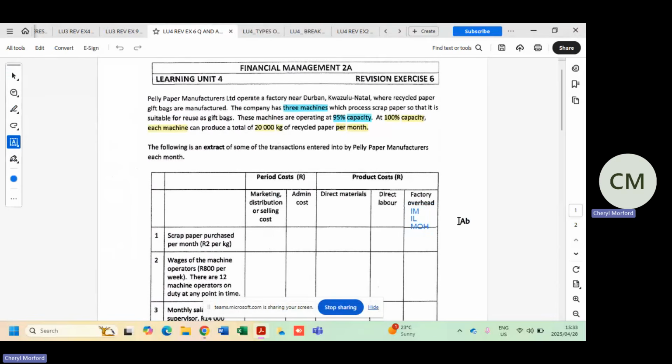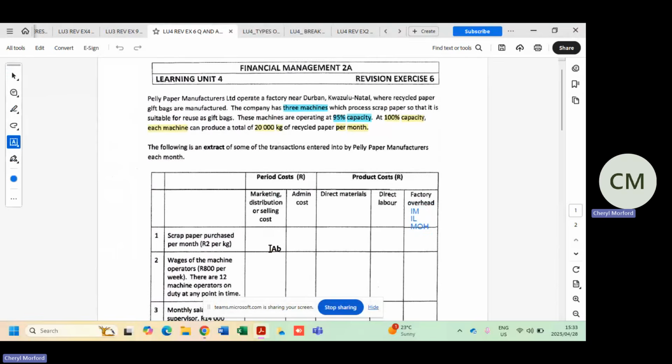So first one, remember the product that we are making. It's gift bags that are made from paper. The scrap paper that we buy, what are we going to do with that? Use it to make the final product.